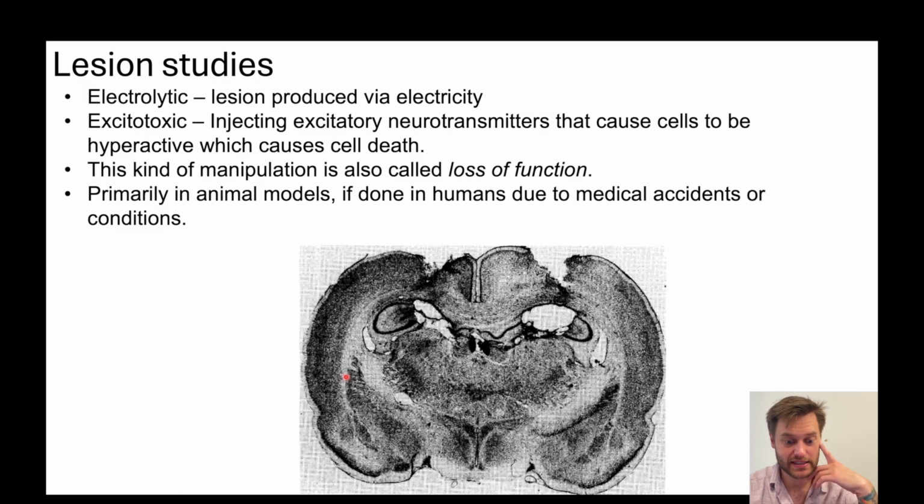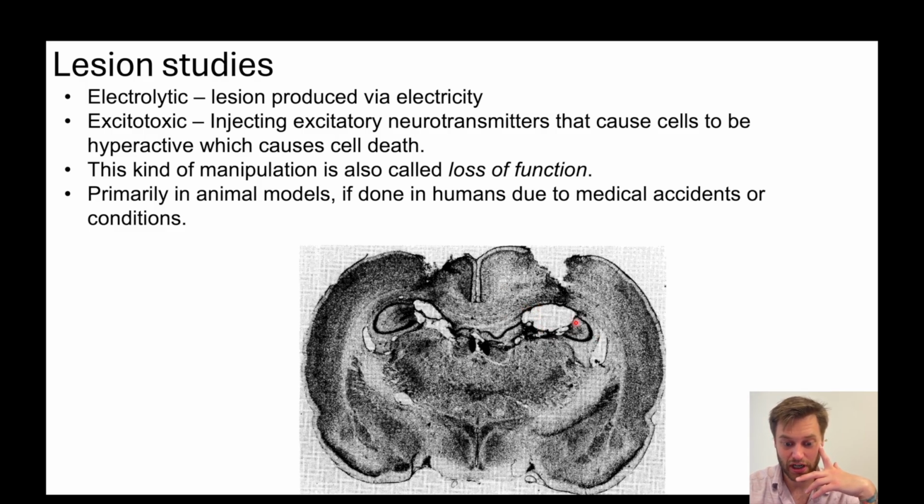So this is a picture from a study, I think it was in the 80s, where they were interested in the dorsal hippocampus and trying to figure out if the dorsal hippocampus was necessary for contextual learning. And here you can see, I don't know if this is a rat or a mouse brain. It's kind of hard to tell because of how old their picture technology was.